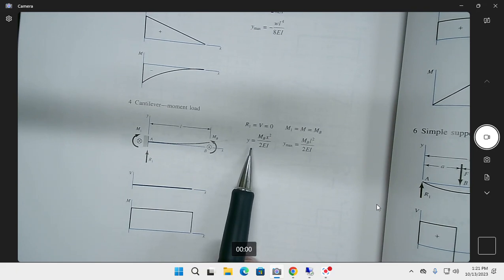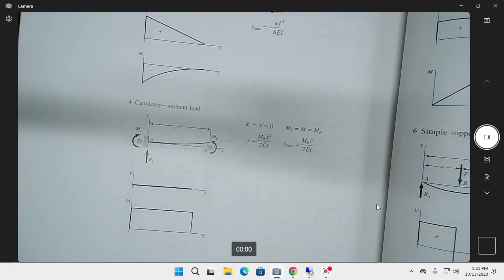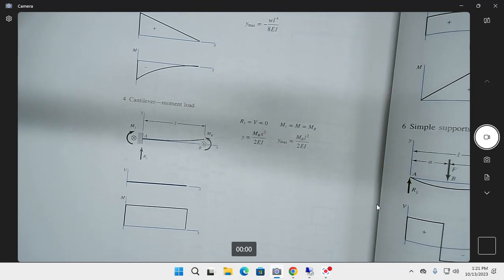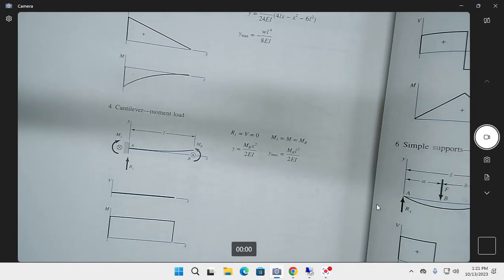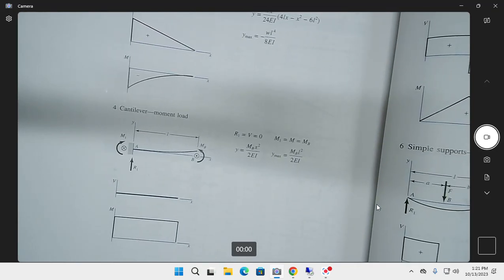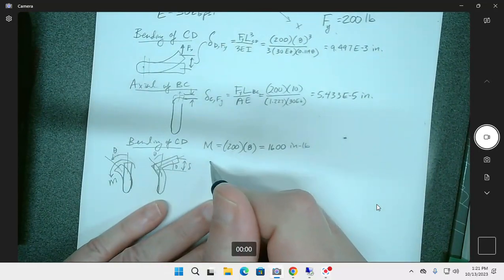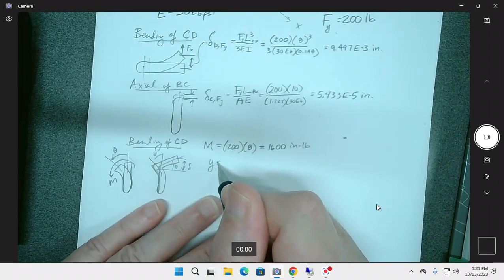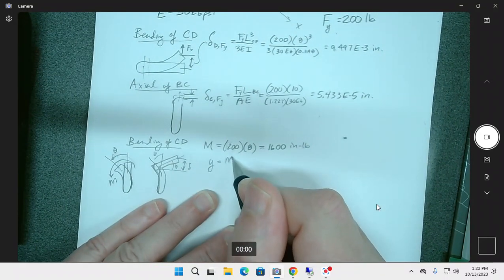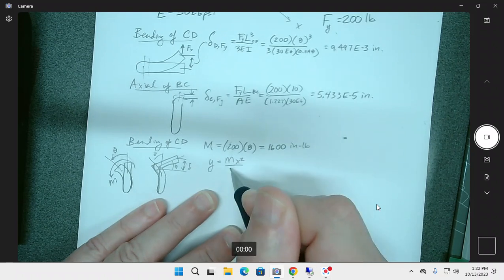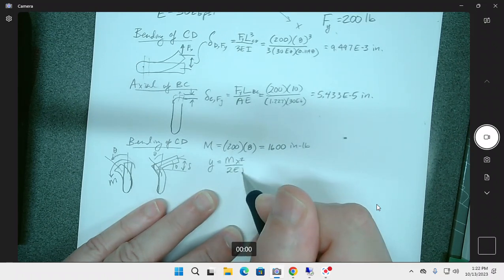We'll give them some radians, but that's totally fine by us. Radians is what we want, because we're going to multiply that angle times the length of the thing and find out how much it moved. So let's memorize y equals Mx squared over 2EI. I don't need to memorize it, just look over here. So y is equal to Mx squared over 2EI.